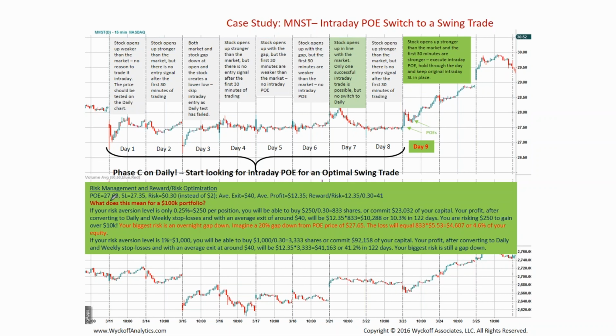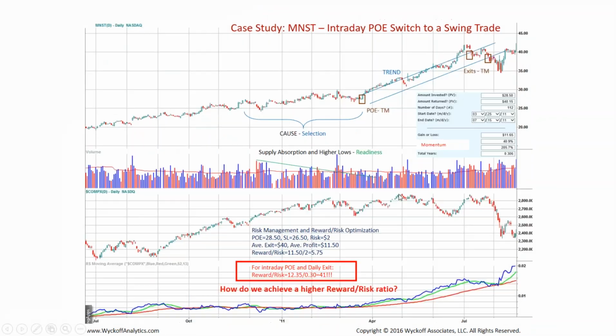For that trade, our point of entry is going to be 27.65. Our stop loss is going to be 27.35. Our risk is only 30 cents. So think about this: before here, on the same day at the close of the day, our risk was $2.